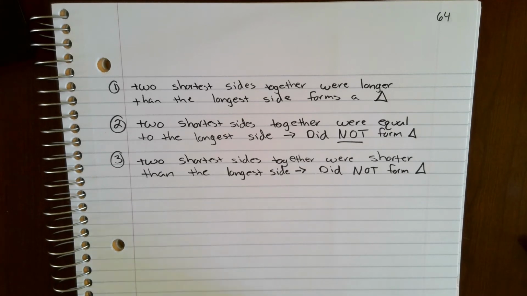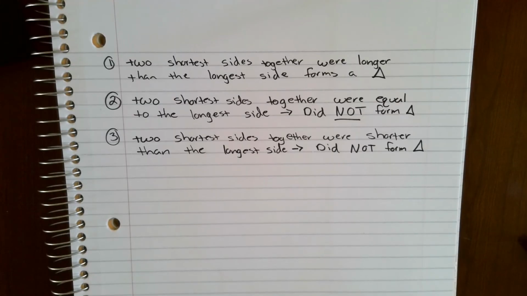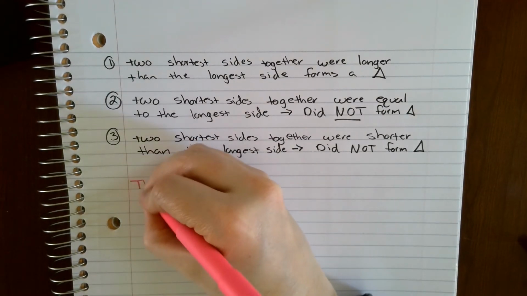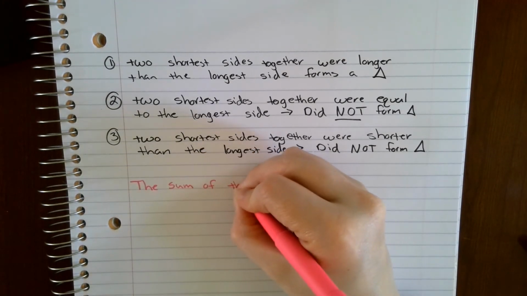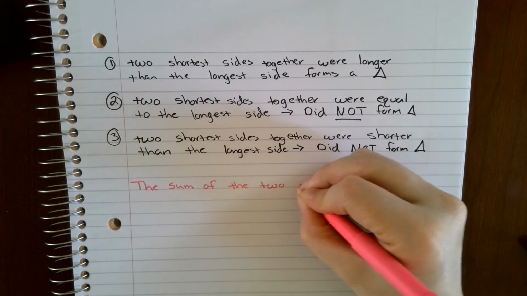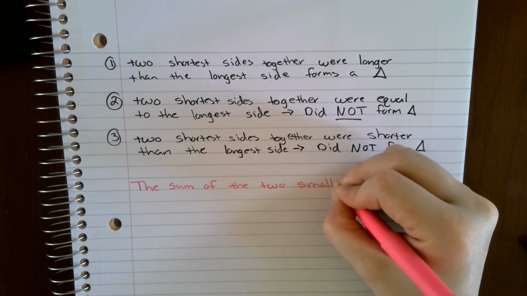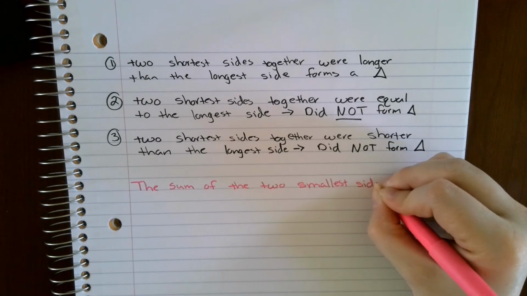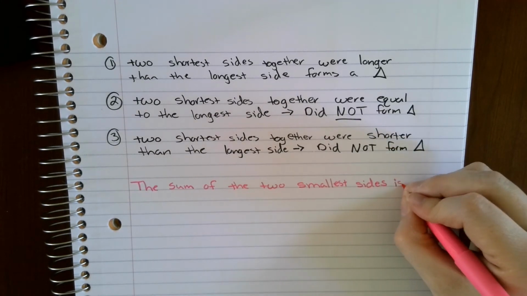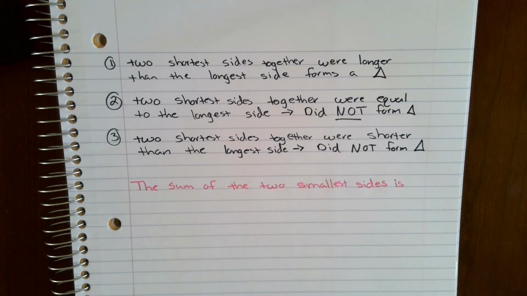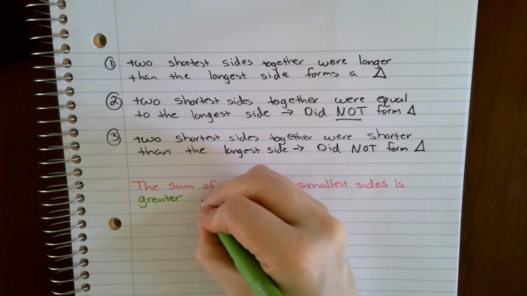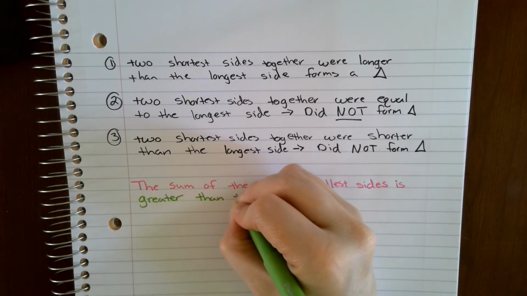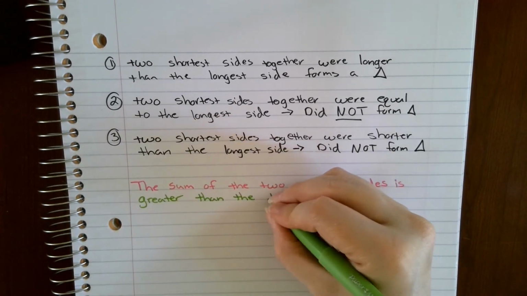If we put something together, what operation does that mean we're doing? Addition. We're adding. So it's called the sum. The sum of the two smallest or shortest sides needs to be greater, or larger or longer, than the largest side.